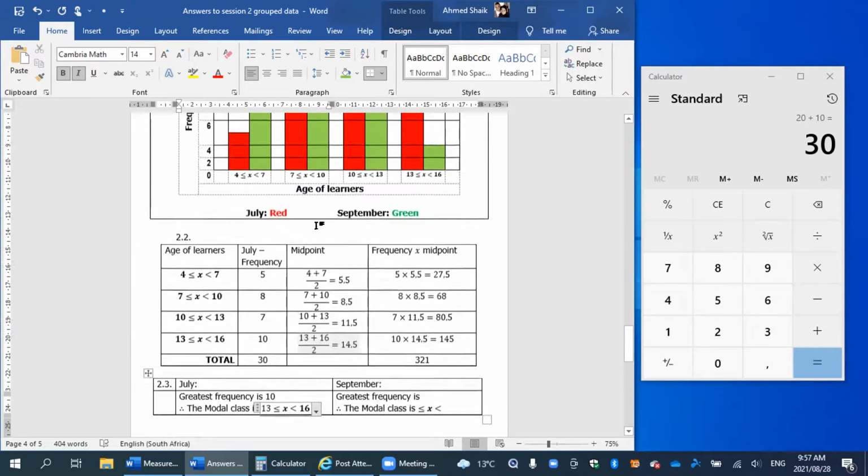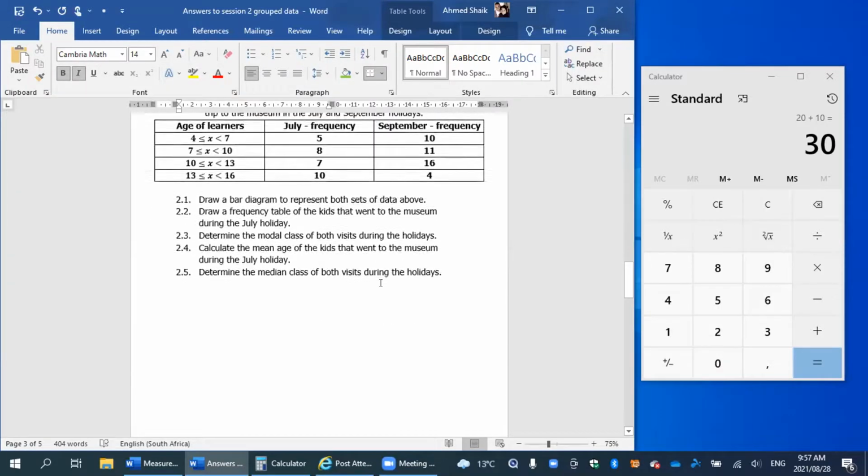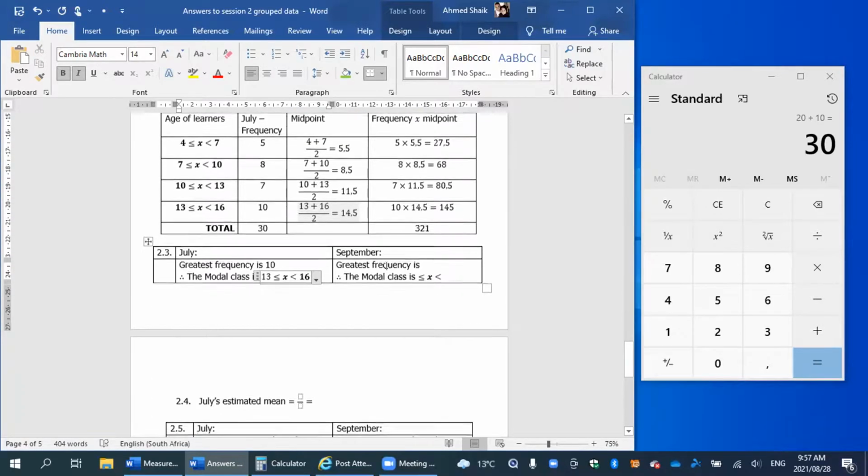Okay, and let's look at September. It has 16, which is in the second last interval. That is the highest frequency in the September column. So let's enter our value 16, and let's enter our interval.